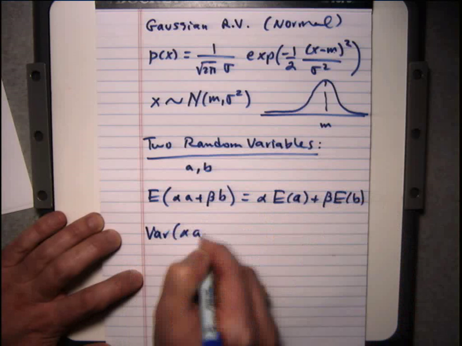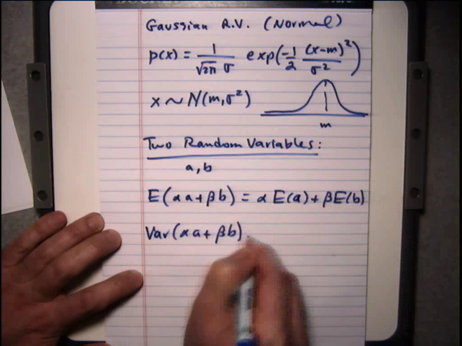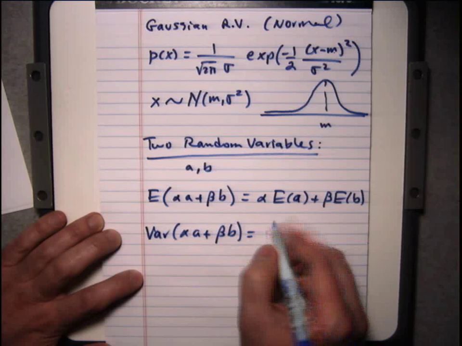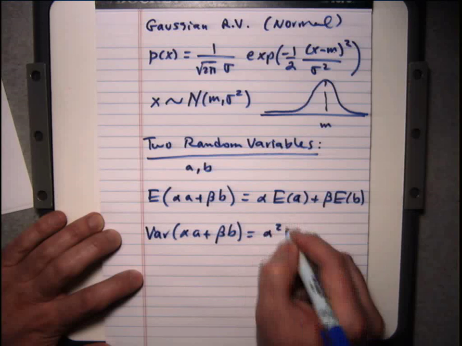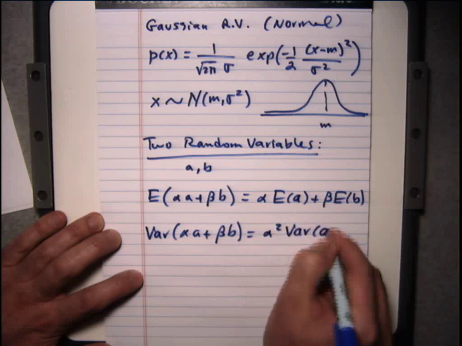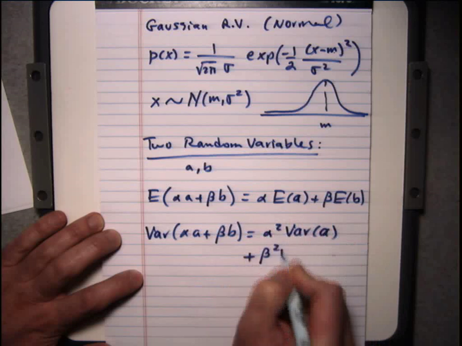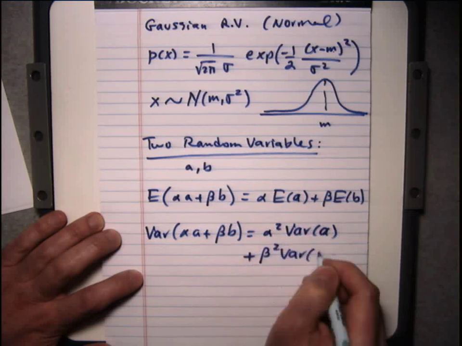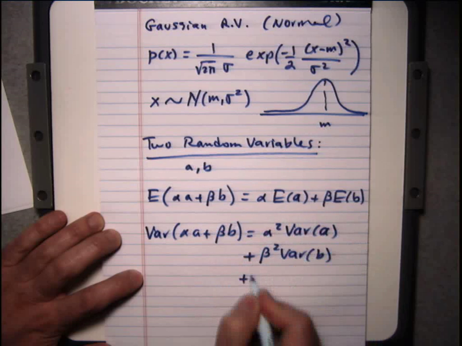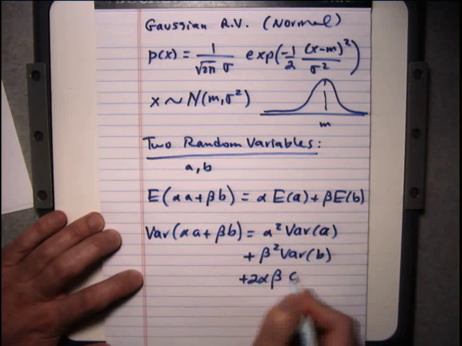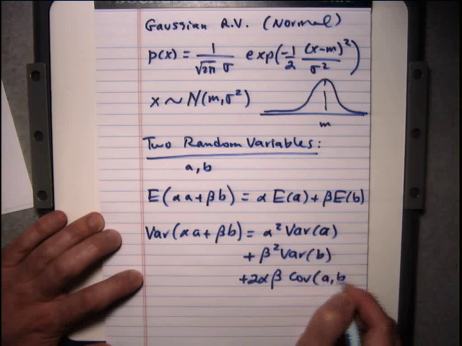Variance of alpha A plus beta B is going to be alpha squared times the variance of A, plus beta squared times the variance of B, plus 2 alpha beta times the covariance of A and B.